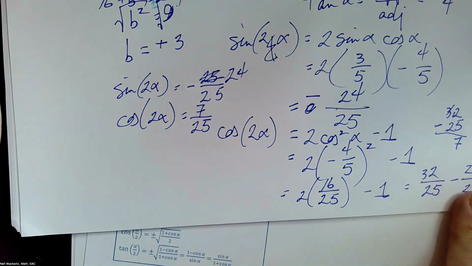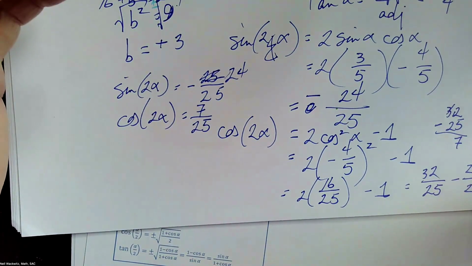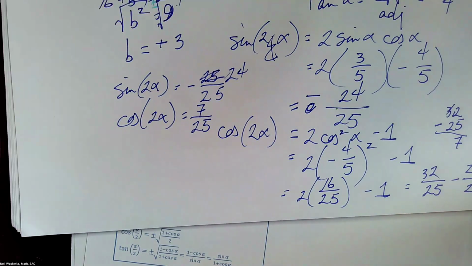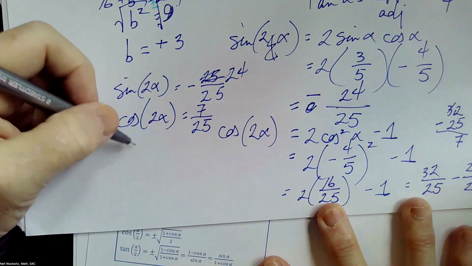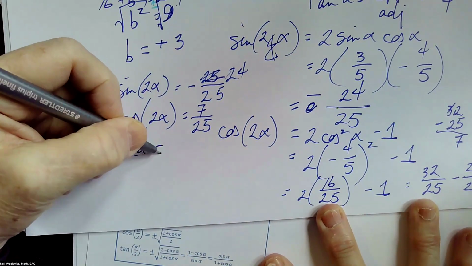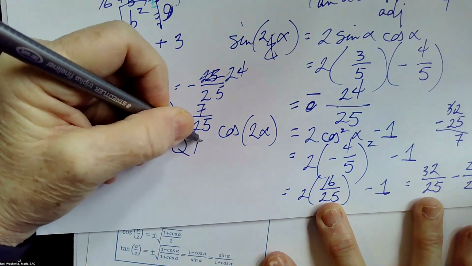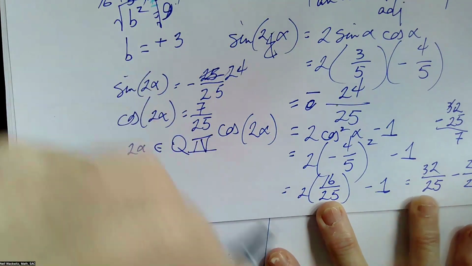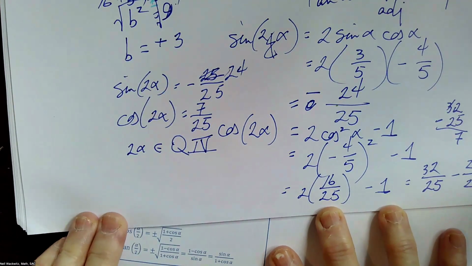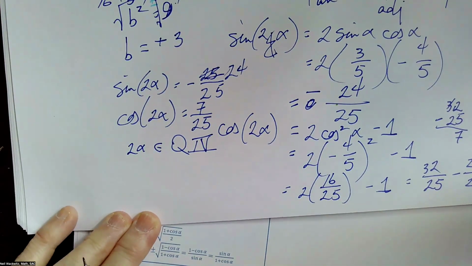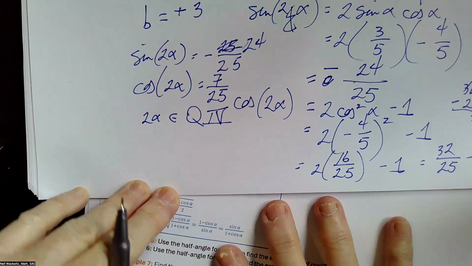Since the sine of 2 alpha is negative and the cosine of 2 alpha is positive, we know that 2 alpha lives in quadrant 4. That means that the tangent of 2 alpha should be negative. Let's find it in 2 ways.